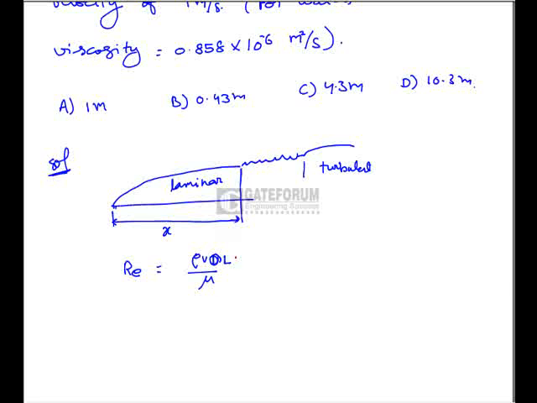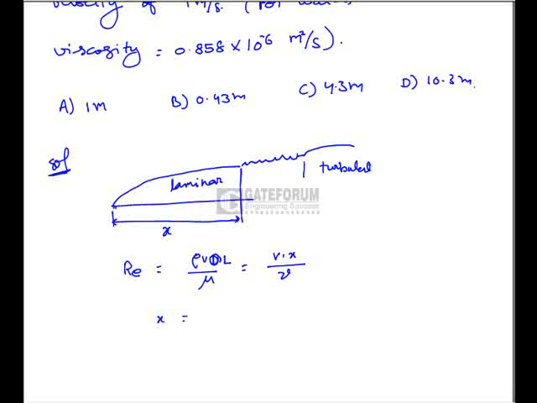dynamic viscosity. But we don't know the values of density of the fluid and dynamic viscosity, so we can write it as V into x, where x is the characteristic length, and mu by rho gives the kinematic viscosity. So we have the values of all these things: kinematic viscosity, velocity of the fluid, and Reynolds number at the transition region.